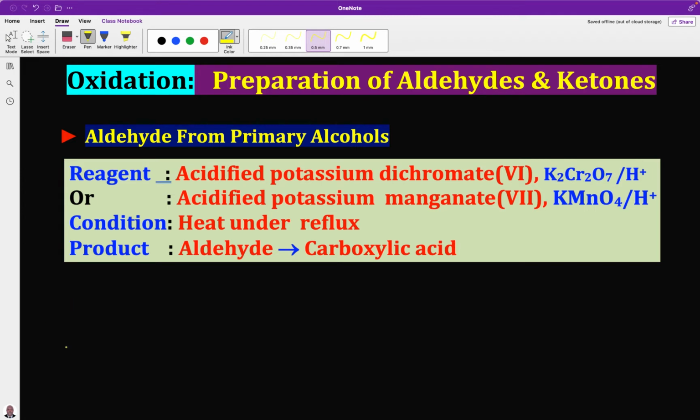Our example will be, we'll be taking ethanol as a primary alcohol.